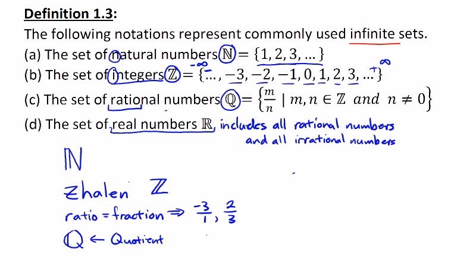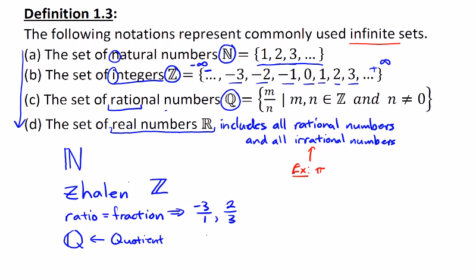As I said earlier, as we go down this list, the elements in this set are going to be more. There should be more in each set. So when it comes to irrational numbers, I'll give you an example or two of those. An example of an irrational number would be something like pi. That's probably the most famous irrational number.